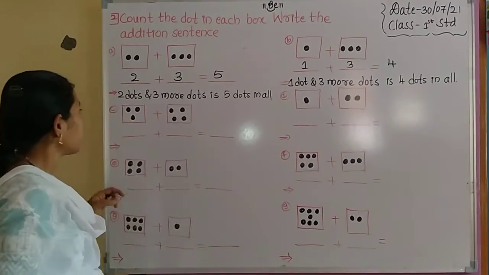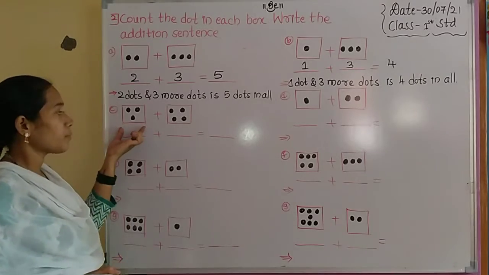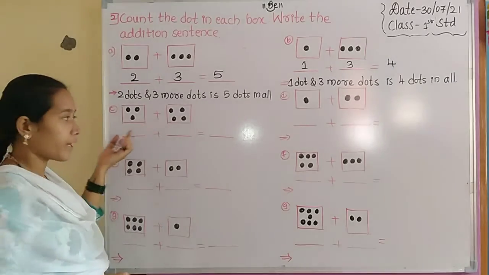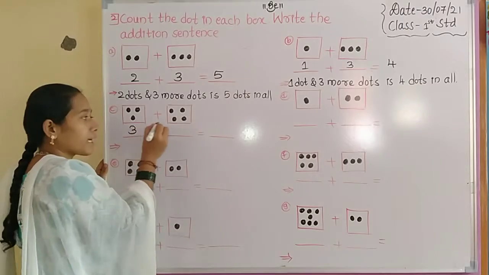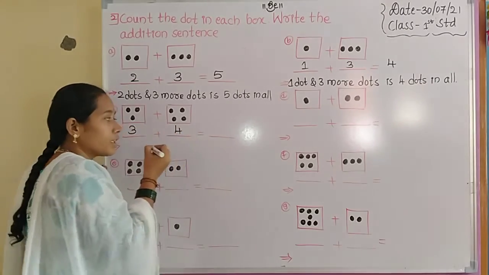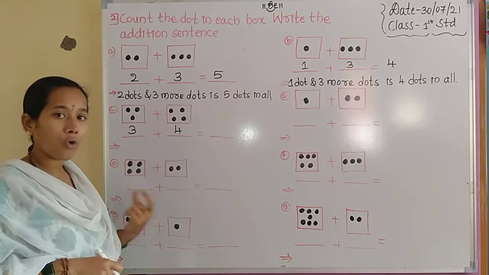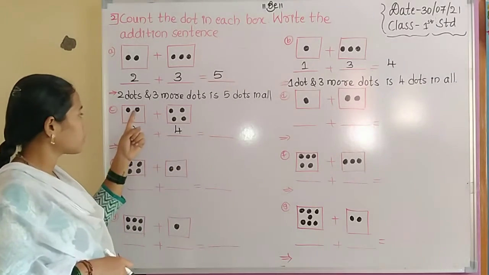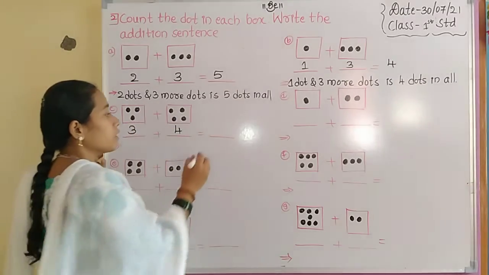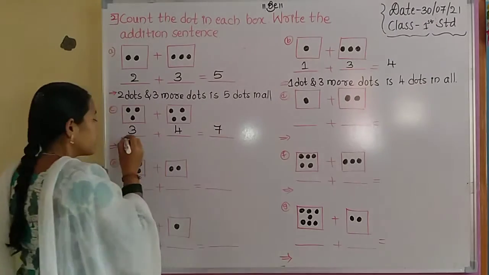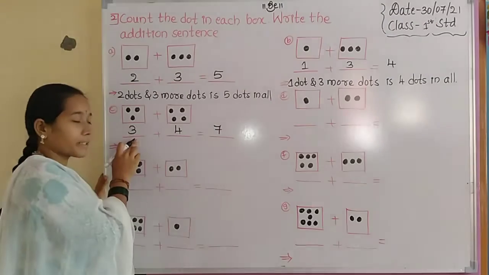Okay, then the third one. See, the first box contains how many dots? Very good, 3 dots. Then the second box contains 4. Then what's the sum of 3 plus 4? We have to count all together. 1, 2, 3, 4, 5, 6, 7. So 7 dots in all. Then write the addition sentence. How to write the addition sentence?